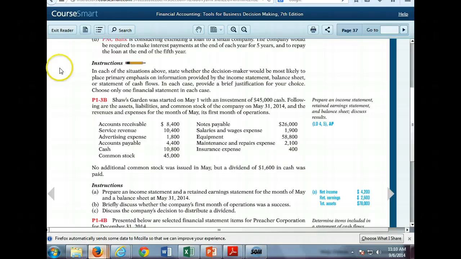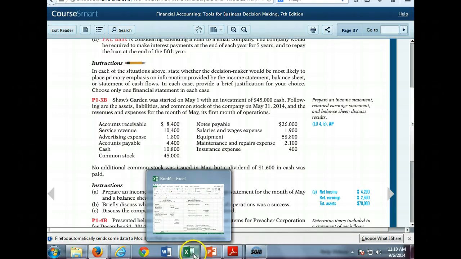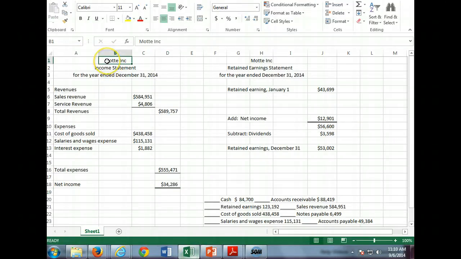So let's take this information and prepare an income statement first. What's the first statement we always prepare? Income statement. So let's start with an income statement first, with all this information we've got, okay? So if we go and do our income statement, and it's Shaw's Garden.